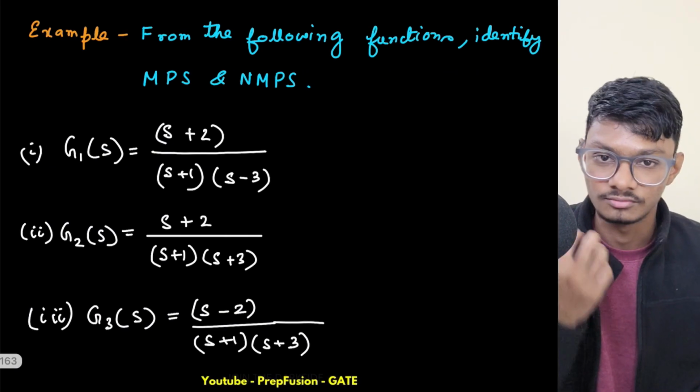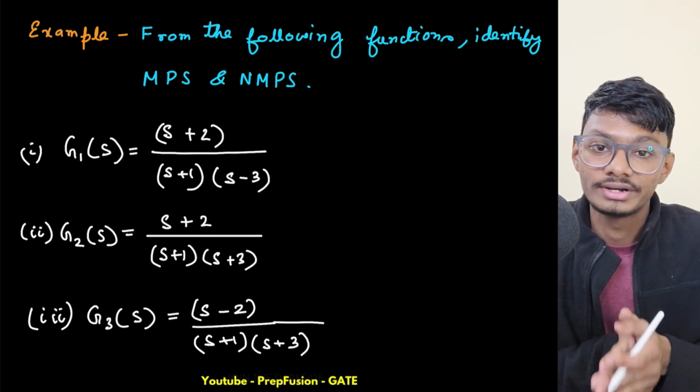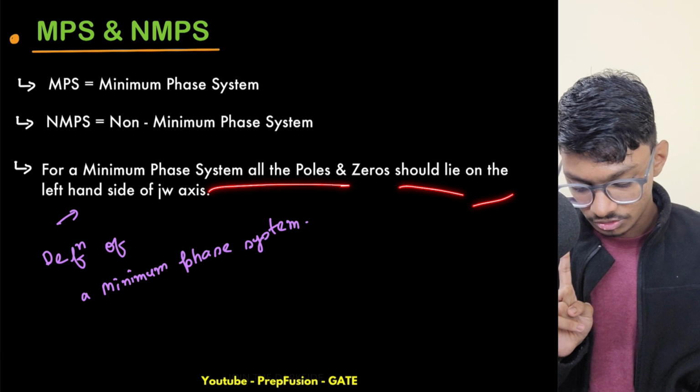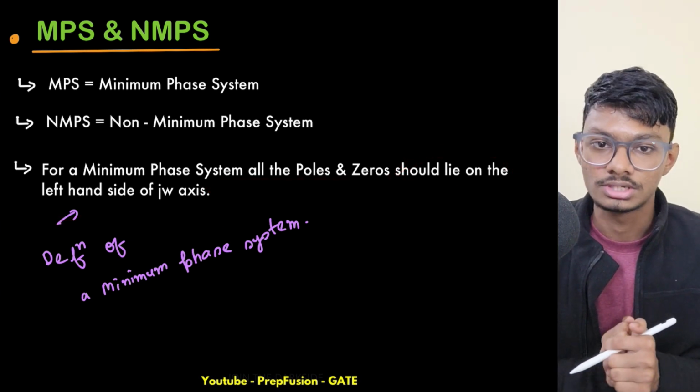Now let's understand with a few examples which one is a minimum phase system and which one isn't. All the poles and zeros should lie on the left hand side of the j omega axis.